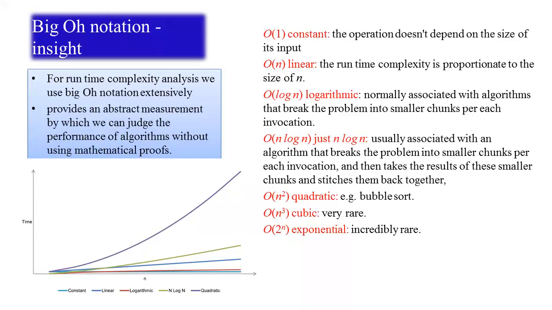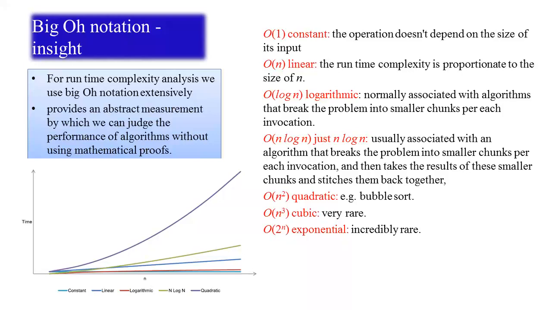Now let us get into some details about the various complexity classes. Suppose we say O of 1, a constant. What is the physical meaning of O of 1? It means the algorithm doesn't depend on the size of its input. It is going to be constant always, irrespective of the size.